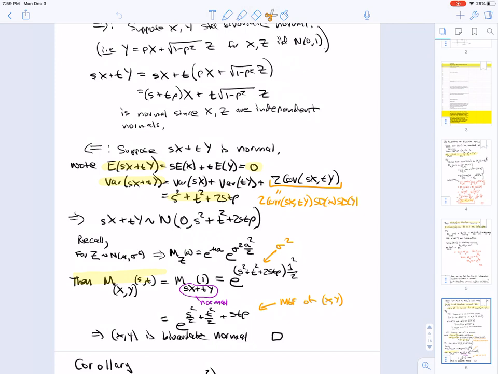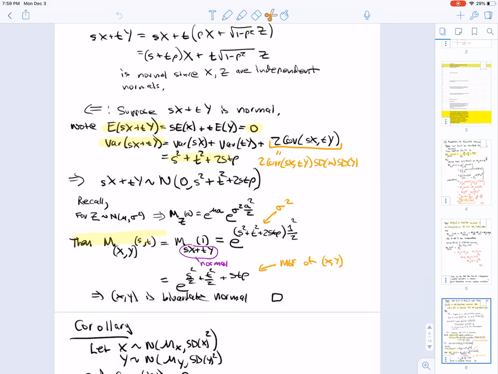So if sX plus tY is normal, then sX plus tY is normal with mean 0 and variance s squared plus t squared plus 2st rho, and we can write the moment generating function for MXY, and we see that this is precisely the bivariate normal moment generating function.